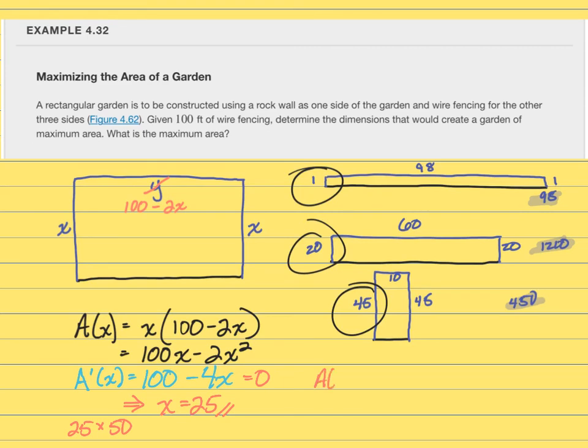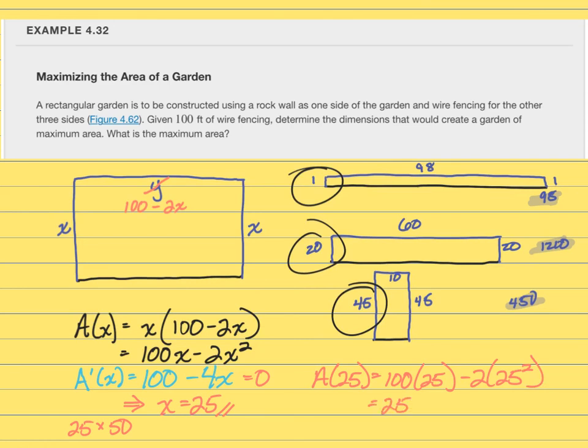That's where you take your value that maximizes and plug it into A of x. So A of 25 is 100 times 25 minus 2 times 25 squared. Just plugging that in.